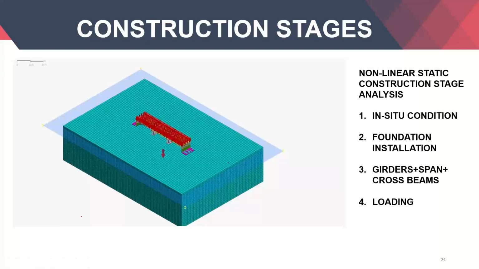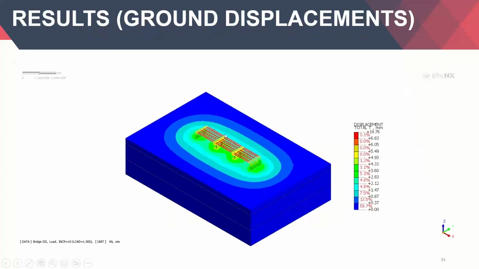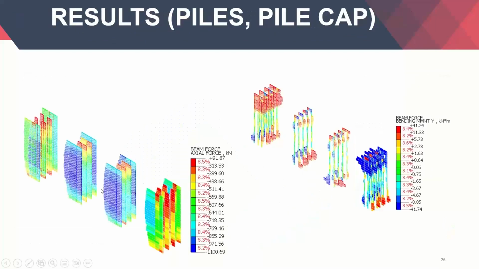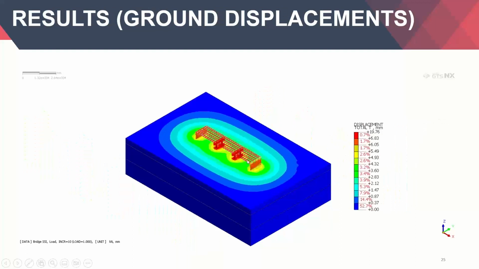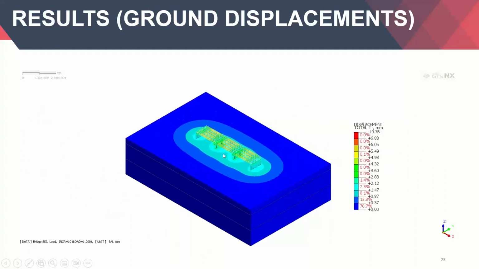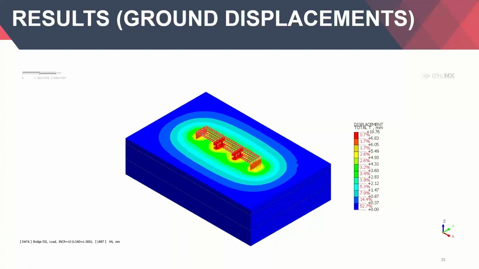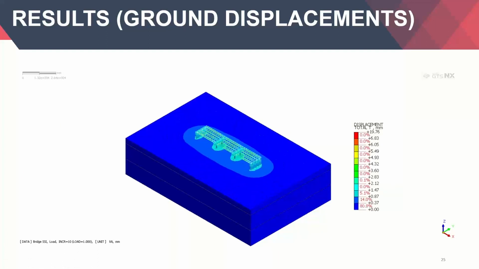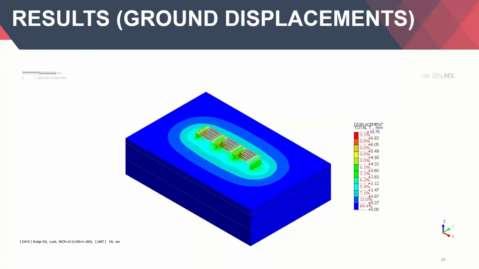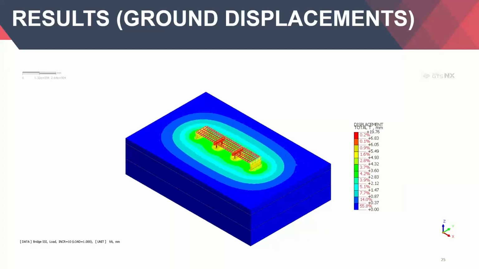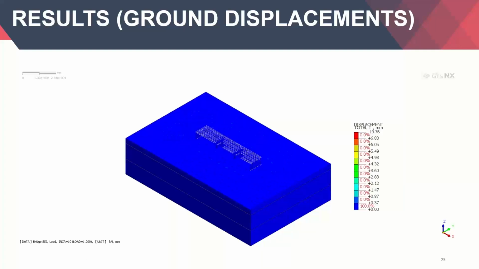So the deformation can be shown as an animation as shown in the next slide, like this. These animations can be downloaded into a video format or a GIF format based on how you feel necessary. It will show you the genesis of deformations from start till the loading phase of the bridge.